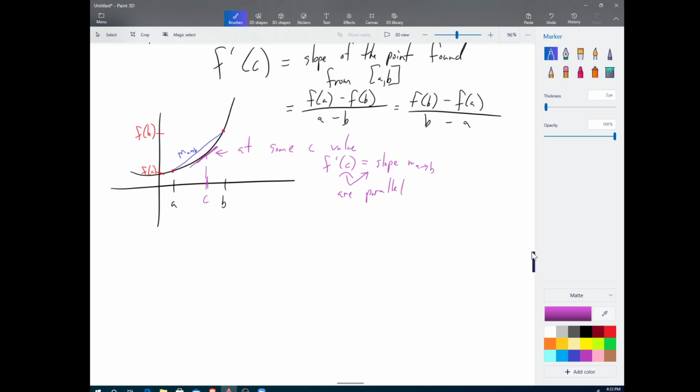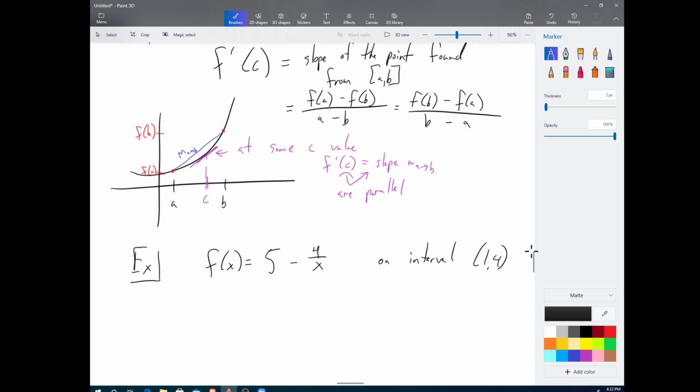But let's say that we have this function here. And we're going to be on the interval, and I'm just pulling an example from your book right now, from 1 to 4.